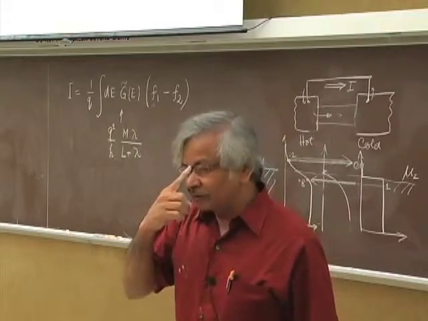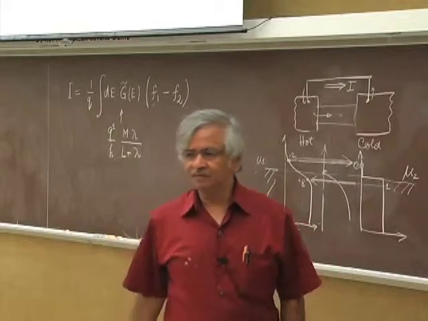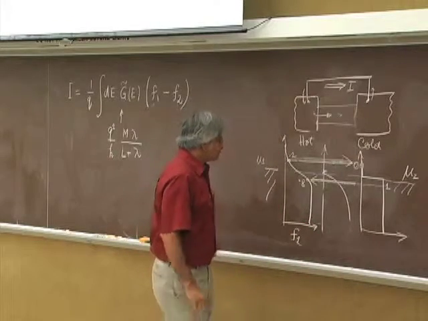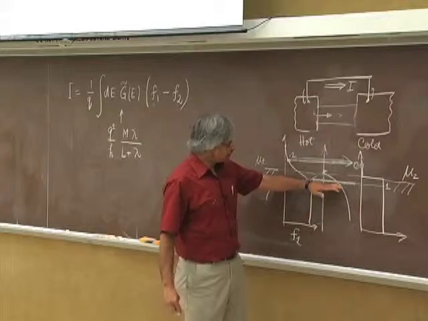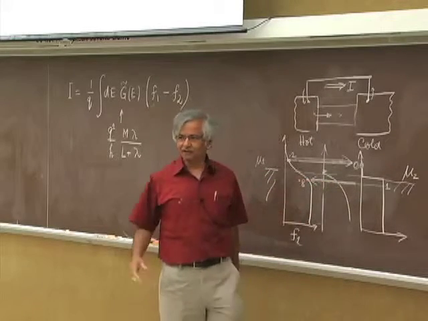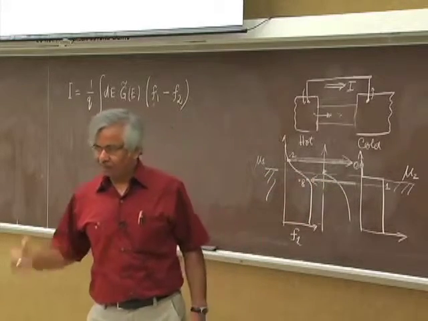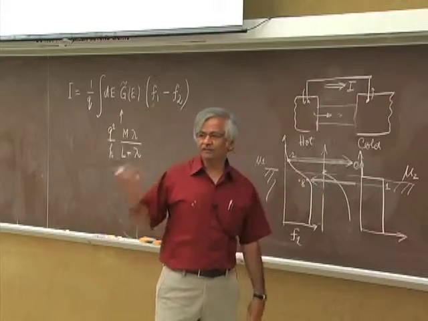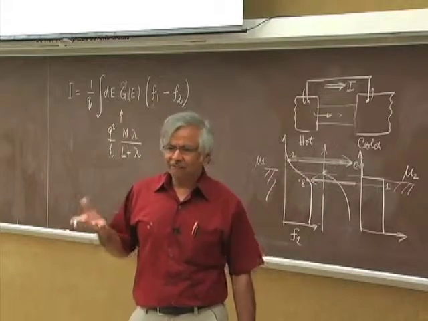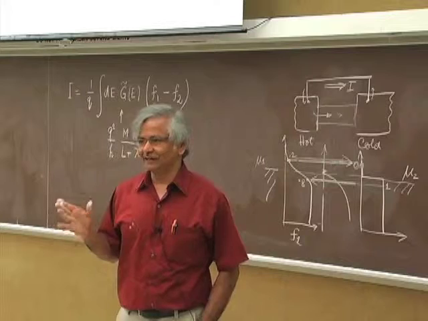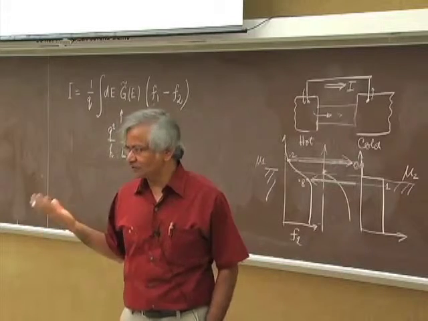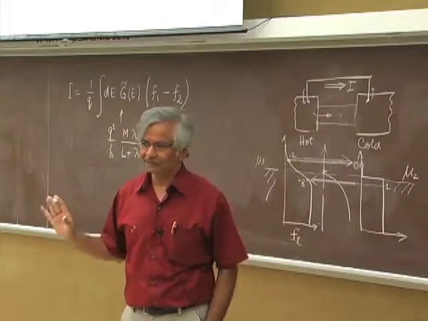Now, usually when you talk about the thermoelectric effect, sometimes people say that the reason this is reversed is because in the case of the valence band, it's actually holes that are moving. But I feel that's really not a convincing explanation because finally in all solids, what moves is electrons.